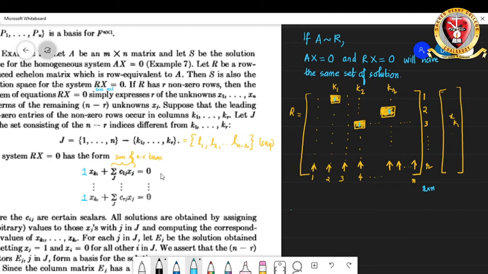That will be the first equation, and that varies from 1 to r.